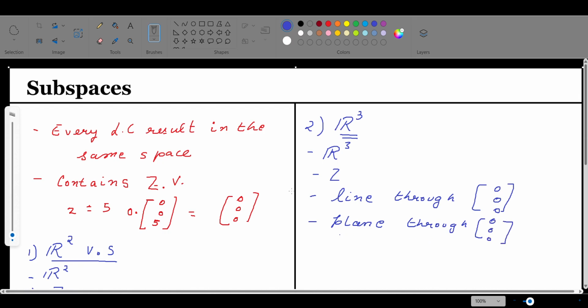Hence, again talking about the same thing we talked about on the left hand side, you would need a plane going through the origin, because only then will a vector on the plane that's multiplied by 0 continue existing within the plane.